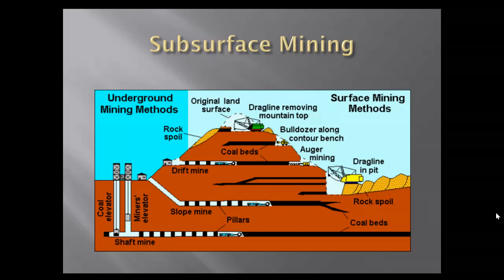Now, subsurface mining, there's different types, and it kind of depends on what they're going after and what mineral or what fossil fuel, and also what the terrain is like. So it can be a shaft mine, so it goes straight down, and then a horizontal shaft is drilled, and they're going to follow a vein of material.